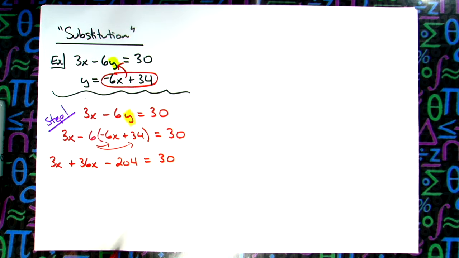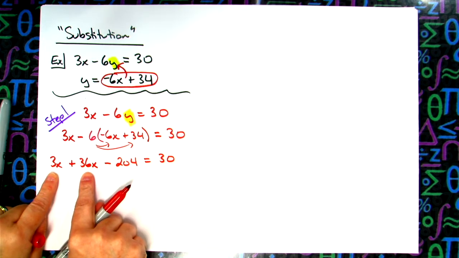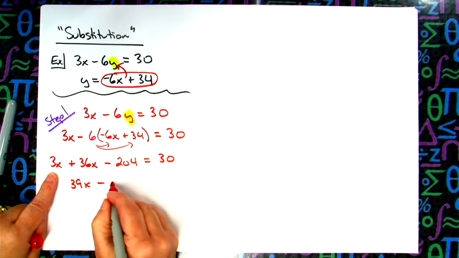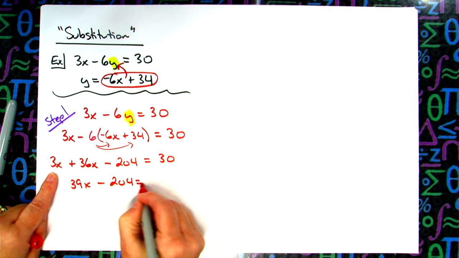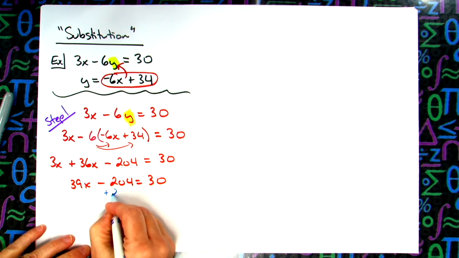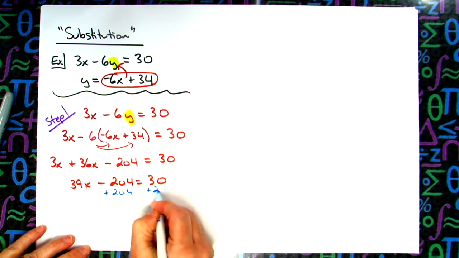Okay, so combine some like terms now. 3 and 36 is going to be 39x minus 204 equals 30. Now we're down to just a nice little two-step equation. I can add 204 to both sides.